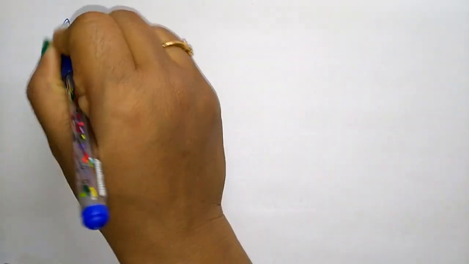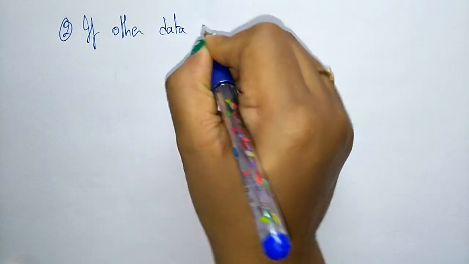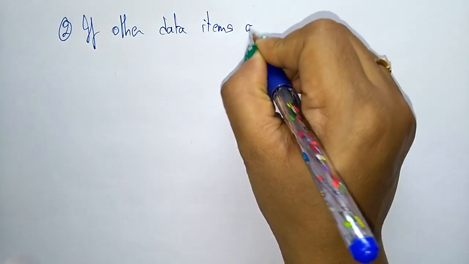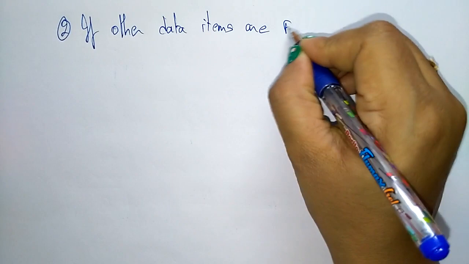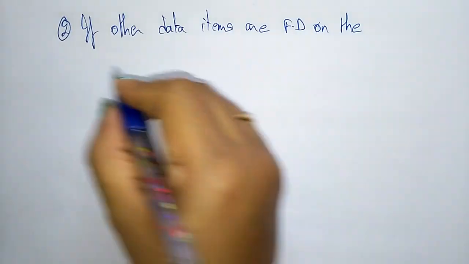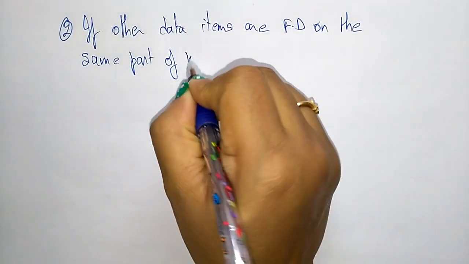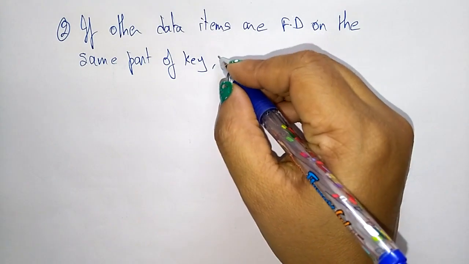Now coming to the second step. If other data items are functionally dependent on the same part of the key, then place them in the new table.